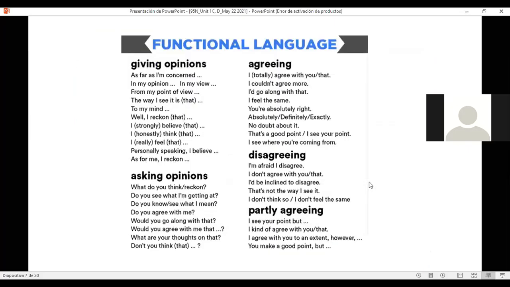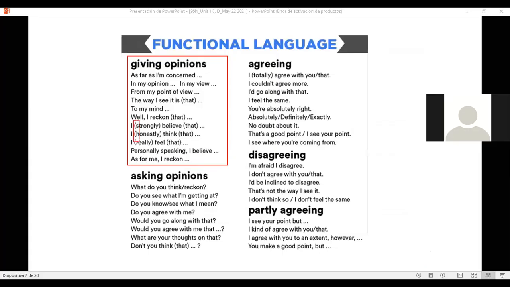For example, look at this. You already saw these phrases like giving your opinion, like I think, in my opinion, from my point of view, okay, I feel.